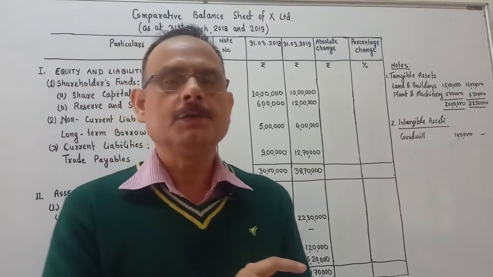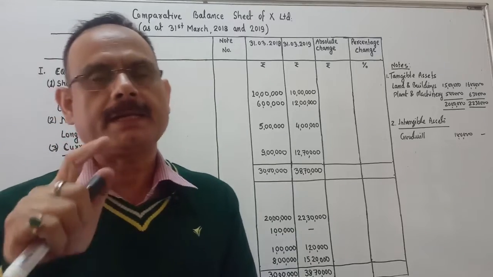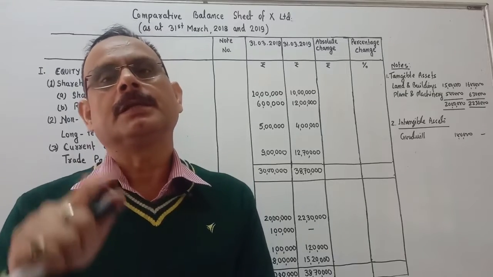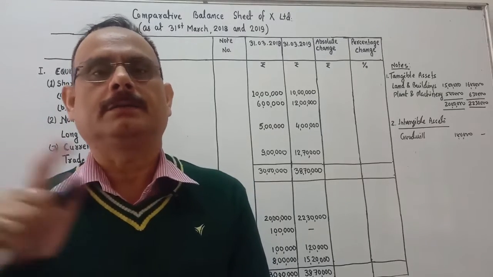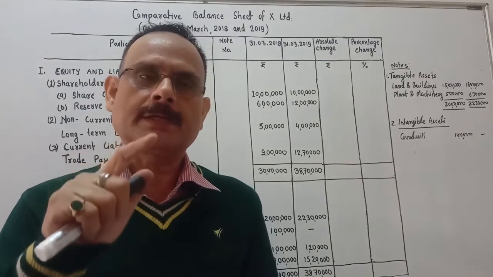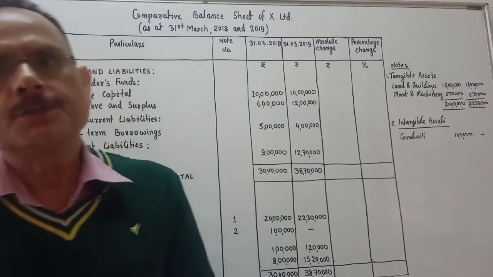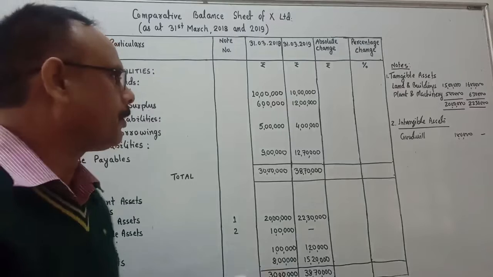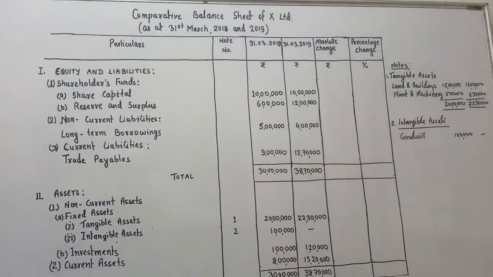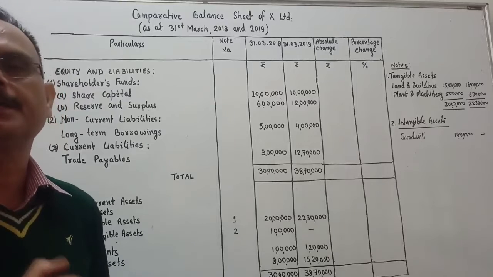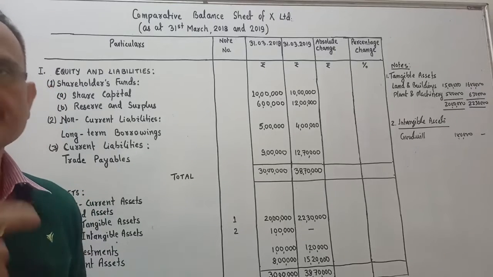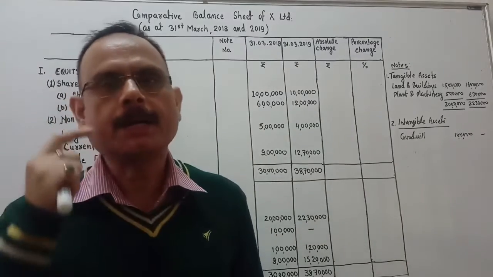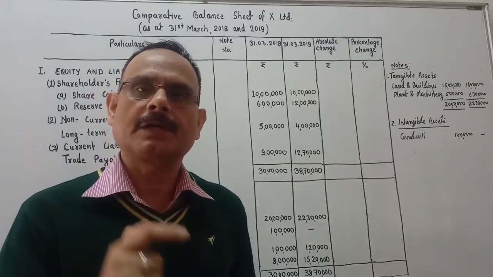So what we will do first, when we prepare the comparative balance sheet, in particular we arrange this figure as per the schedule 3rd part 1, as per the prescribed format. So first task is to present it in a prescribed format. You see in this format, I have presented it in a prescribed format, which is not given in the question. So first task is to convert it into a prescribed format as per schedule 3rd part 1 of the balance sheet, Companies Act 2013.